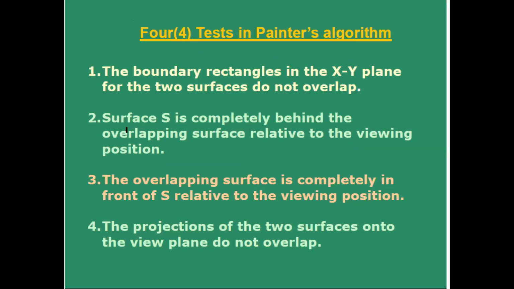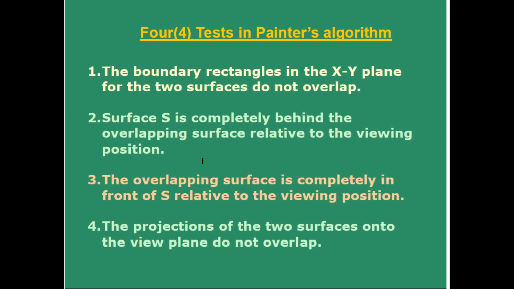The second condition is that surface S is completely behind the overlapping surface relative to the viewing position. The third, in contrast to the second, is that the overlapping surface is completely in front of the surface relative to the viewing position. And the fourth condition is that the projections of the two surfaces onto the view plane do not overlap. You have to check for these conditions.